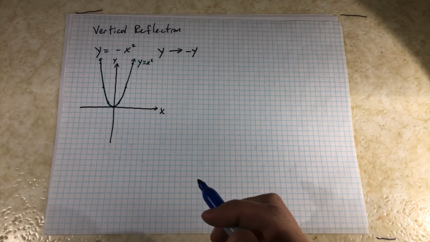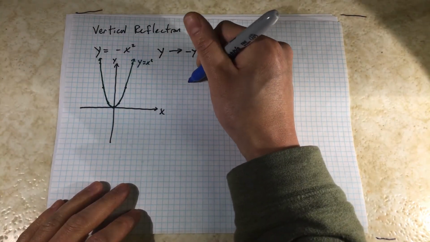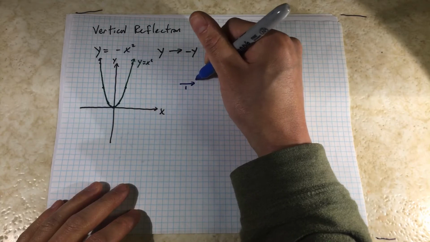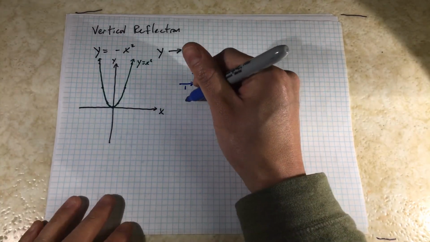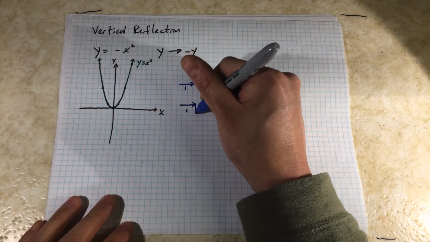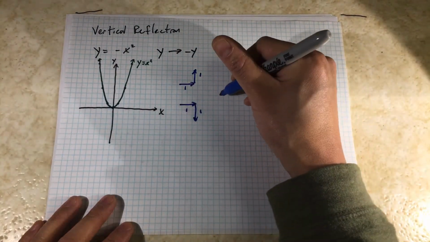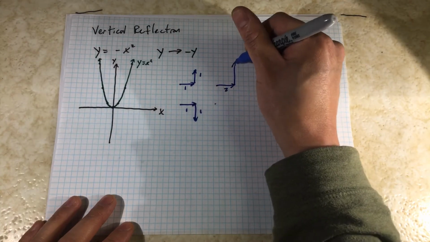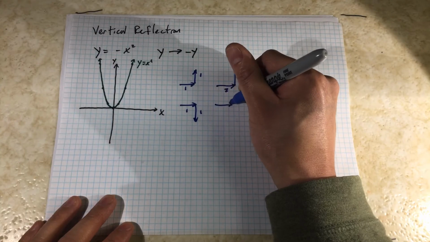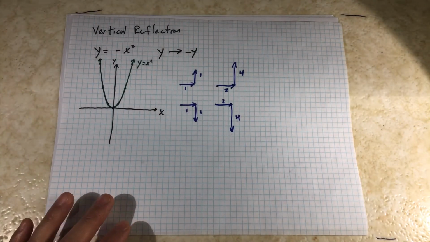So the vertical reflection takes all these points, and when you do a vertical reflection, instead of going 1 to the right and up 1, we're going to do the opposite, which is we're going to go 1 to the right and go down. All right, so we're going down instead of up. So normally you would go 2 and then up 4, but we're going to go 2 and we're going to go down 4. Okay, so that's the idea for graphing these.